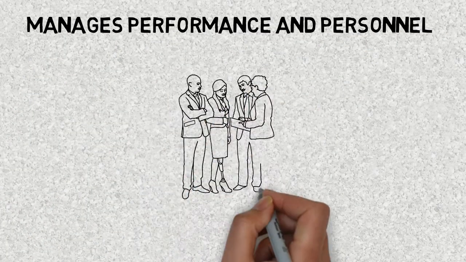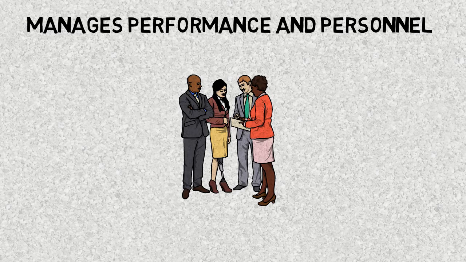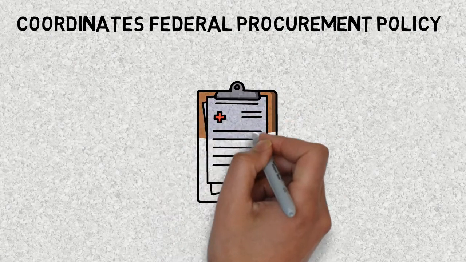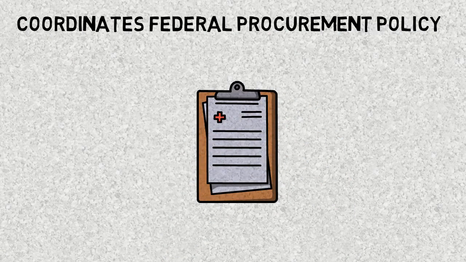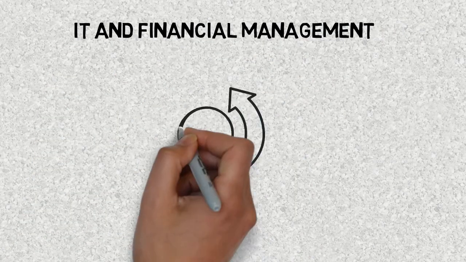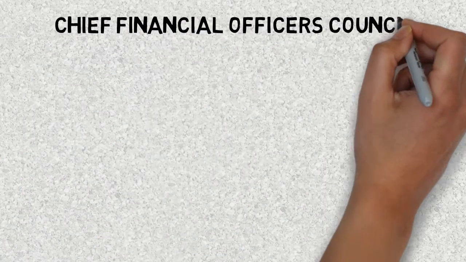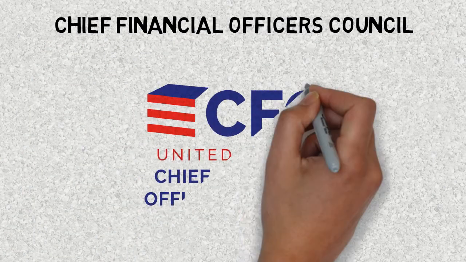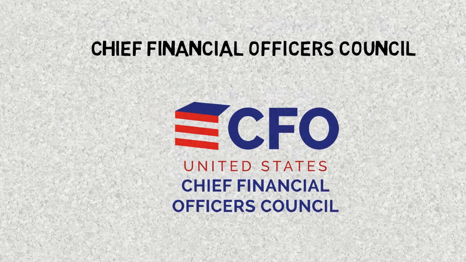The management side of OMB manages performance and personnel in partnership with the Office of Personnel Management, coordinates federal procurement policy, which is how agencies buy the goods and services they need, oversees IT, financial management, and information collection, and oversees several executive-level councils, including the Chief Financial Officers Council, or CFOC.